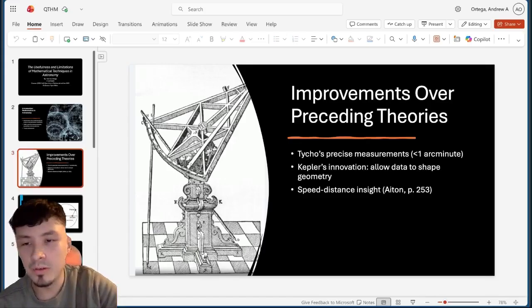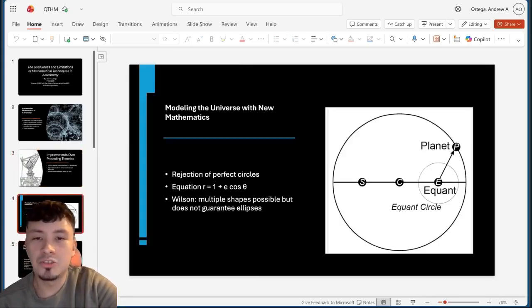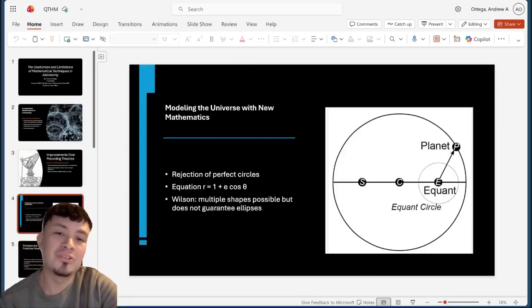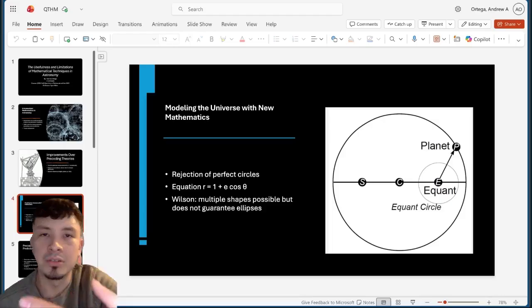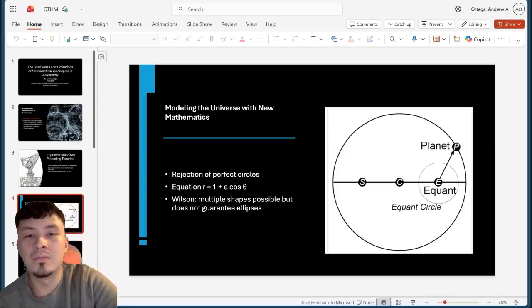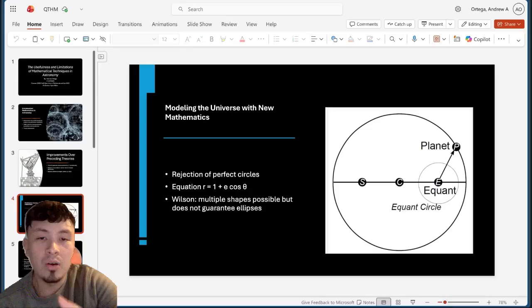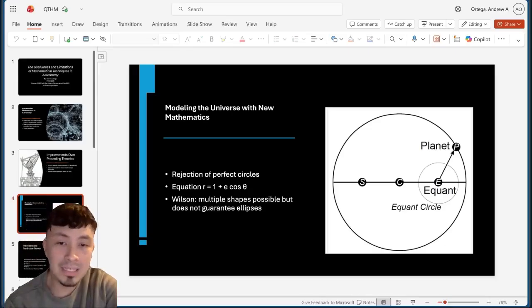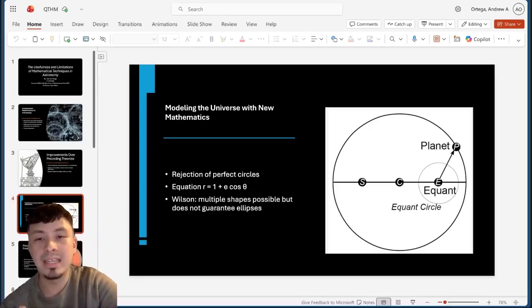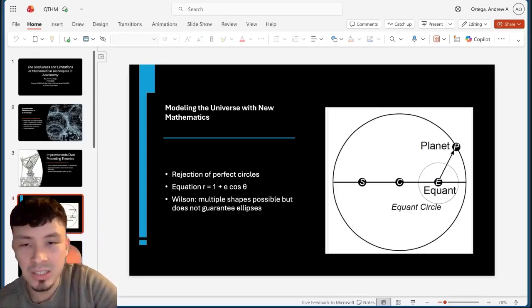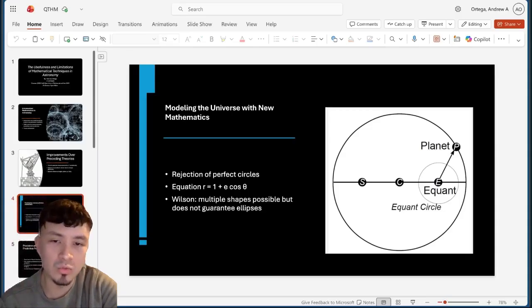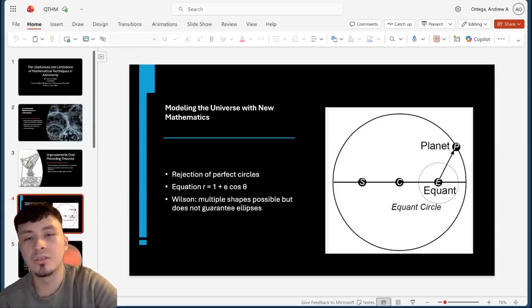And for slide 4, I will be showing that Kepler challenged a long-standing assumption from Ptolemy and Copernicus, that planets must move in perfect circles, which he demonstrated in his equation, r equals 1 plus e cos theta.